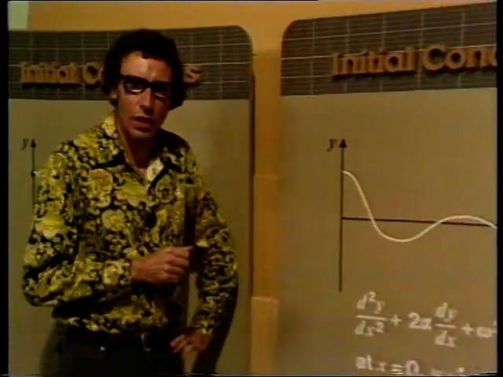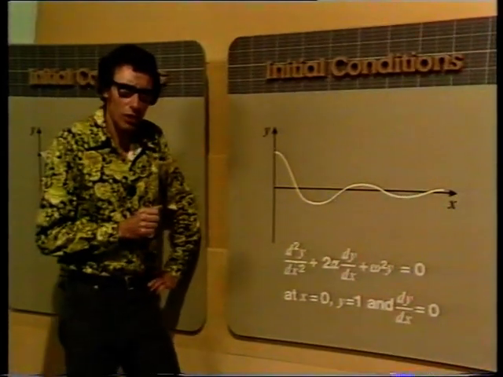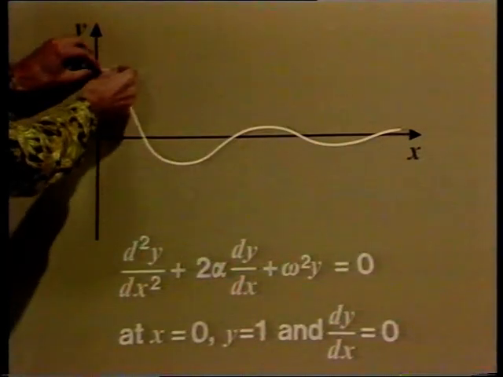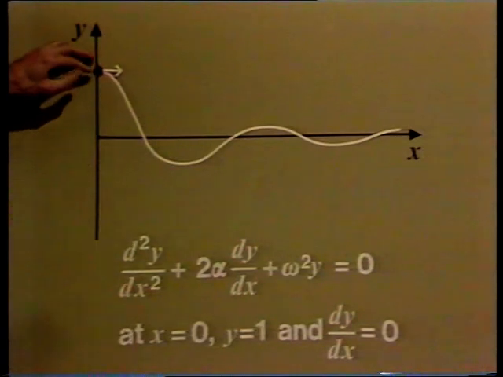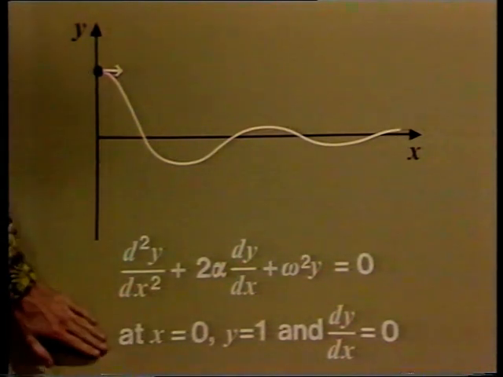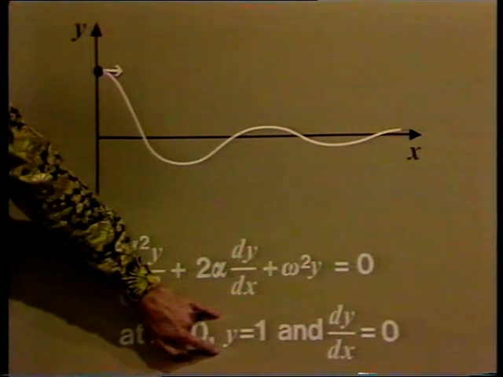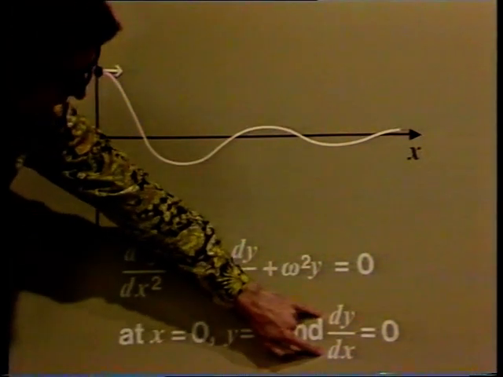So far, we've said nothing about initial conditions applied to this equation. In fact, for all values of alpha, we've been looking at the solution satisfying these initial conditions. That is, that at x equals 0, the value of y is 1 and the gradient is 0.